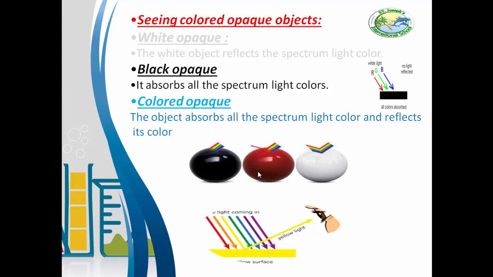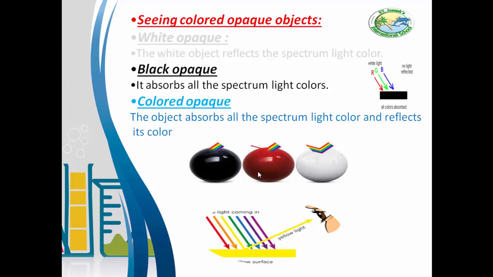For example, we wear white clothes in summer. We wear white clothes in summer because white clothes reflect all the colors that fall on them, causing a decrease in the feeling of heat.